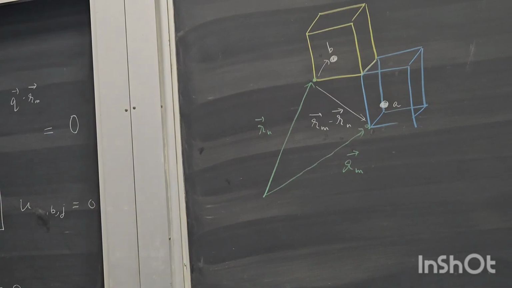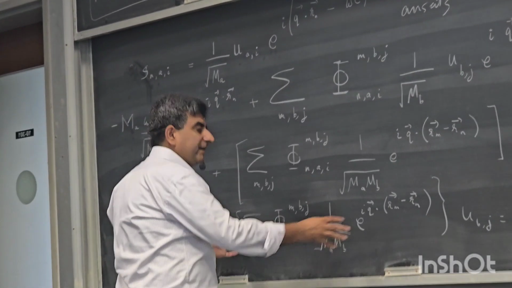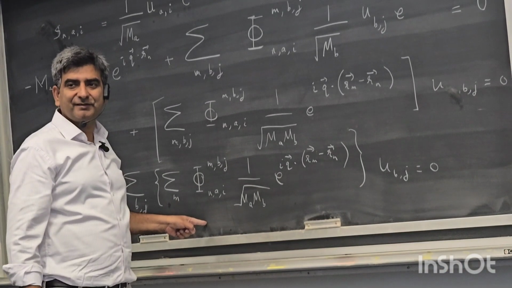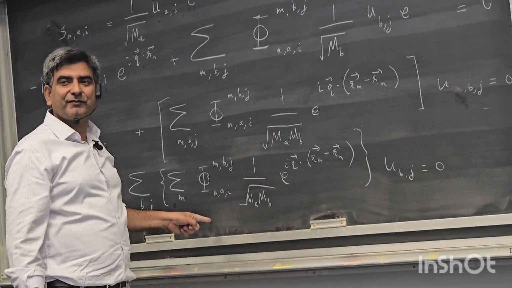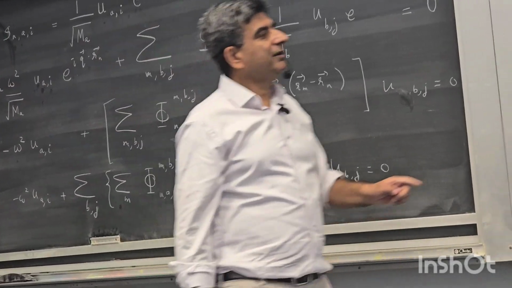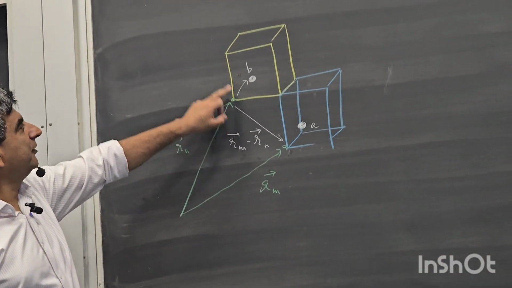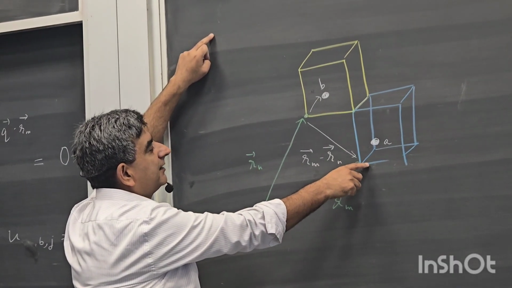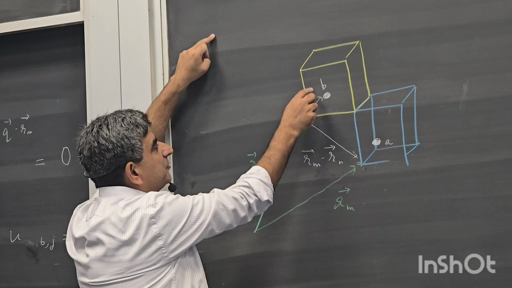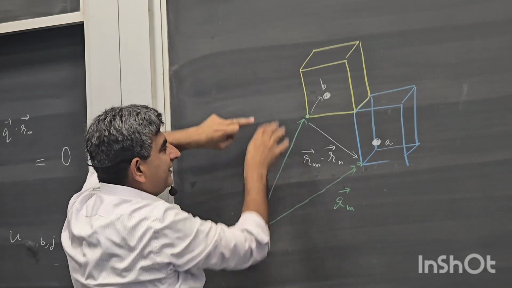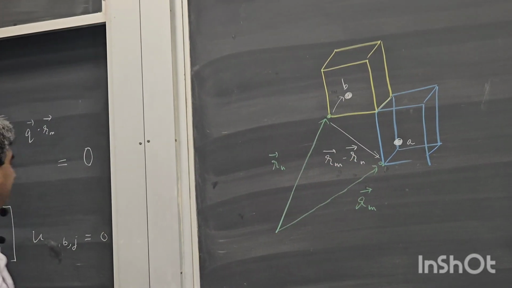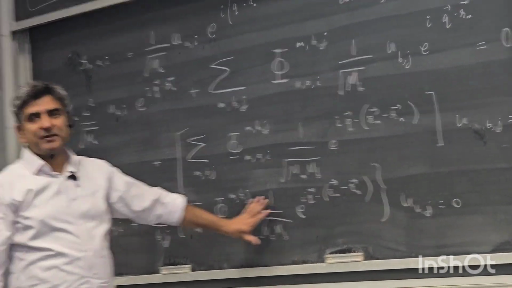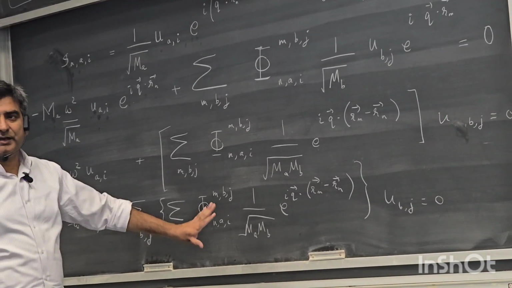Therefore, this sum is independent of M because we are already summing over all m's, and is independent of the N as well, because you could take this unit cell to be anywhere else, and if it is displaced, and if you're looking at another unit cell which is at the same relative position with respect to this, anywhere inside the crystal structure, this term is going to be the same. So this term is a term of a dynamical matrix. It is independent of M and N.